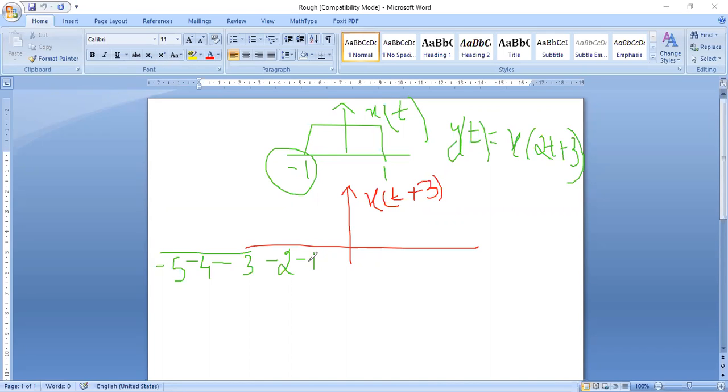So -1 is initially moved to -2, 1 shift, then -3, 2 shift, then -4, 3 shift. So can I then complete the diagram now? So from -4 till which number my amplitude will be present? Till -2. Very good. So successfully I have done the shifting operation.